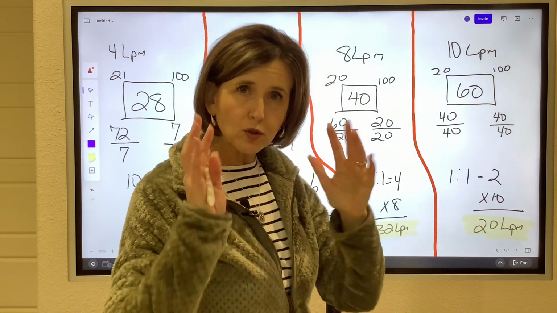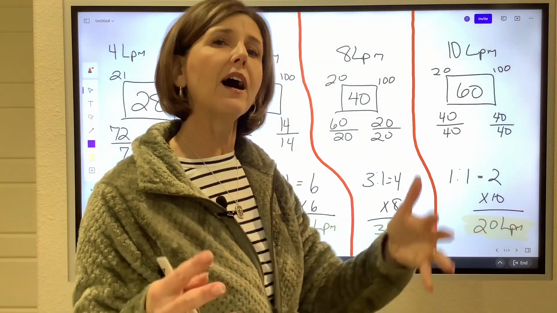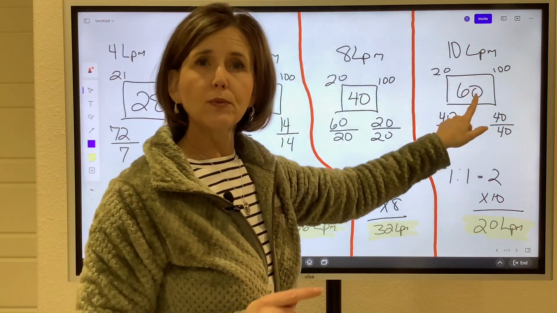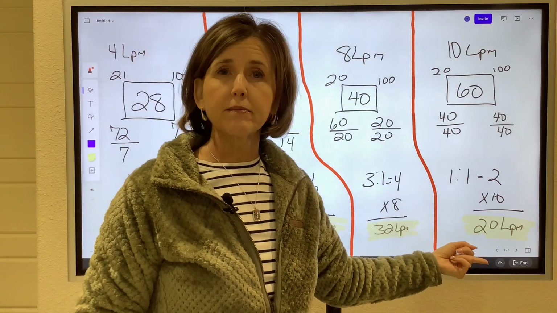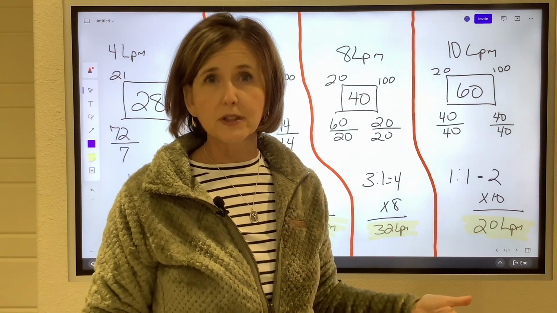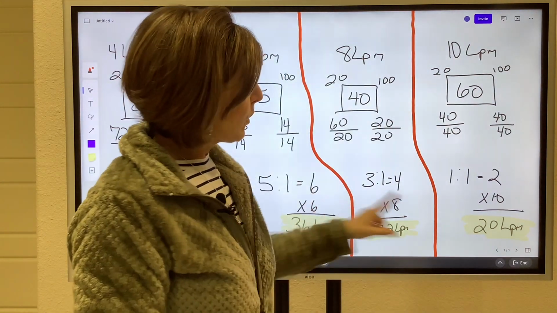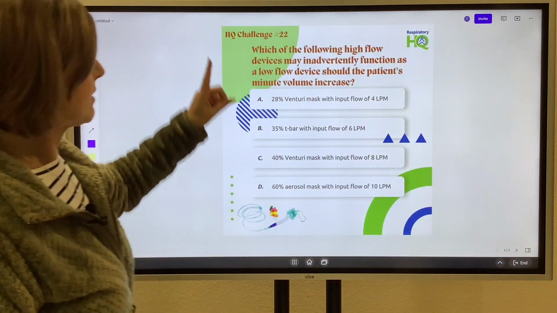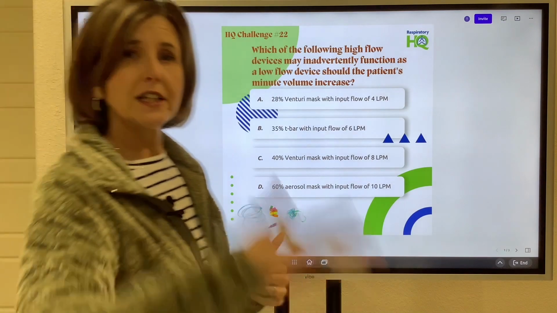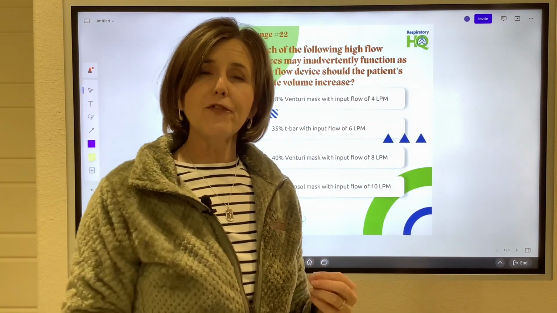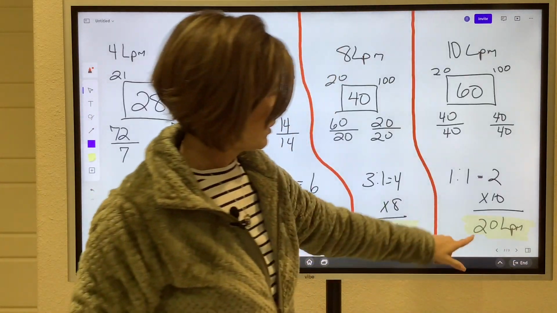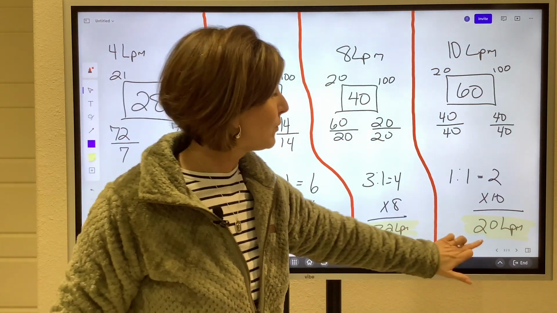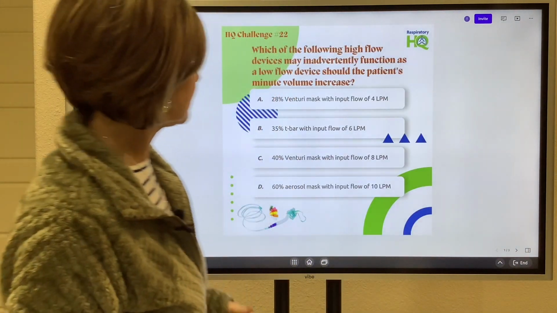All right, so here's what you have to know about high flow systems. When you increase the FiO2, the total flow will drop. Okay, that's Bernoulli's principle in action. All right, so when the total flow drops, if the patient's inspiratory flow is now faster than the total flow for that device, this is inadvertently going to function as a low flow system.